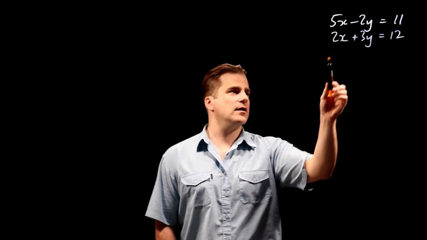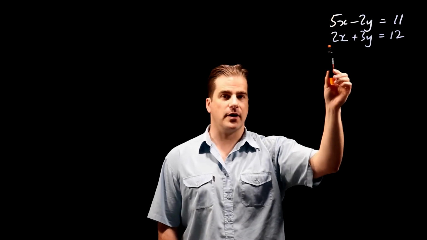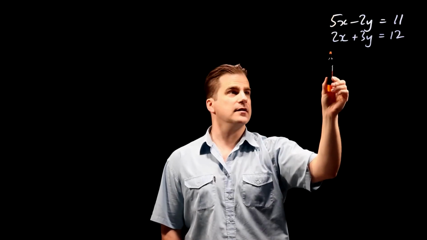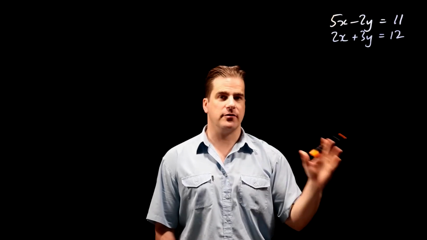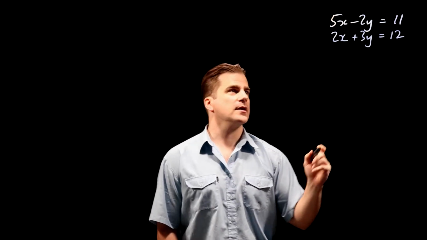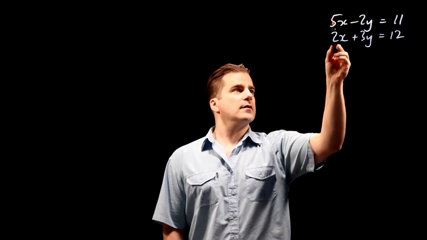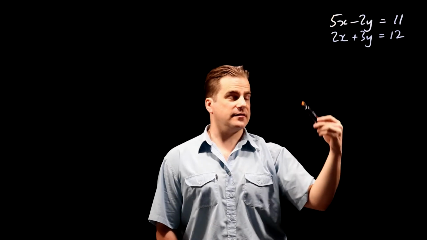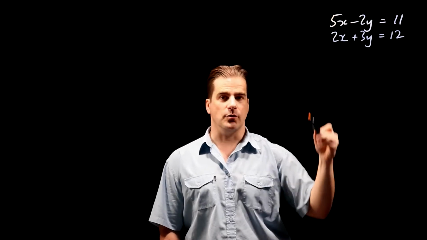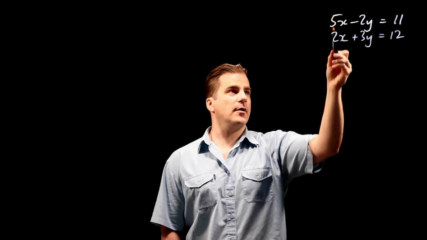Right, this time we can't just multiply one equation by one number to get the same number of x's, because 2 doesn't go into 5 exactly. So we're going to have to multiply both equations. It's no problem. So what are we going to multiply them by? Well, you have to ask yourself, what do 5 and 2 both go into? Okay, they both go into 10.